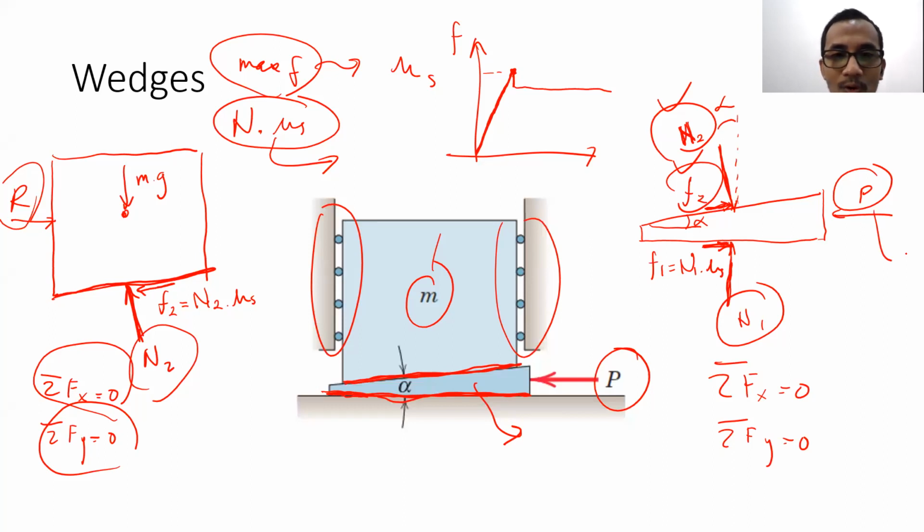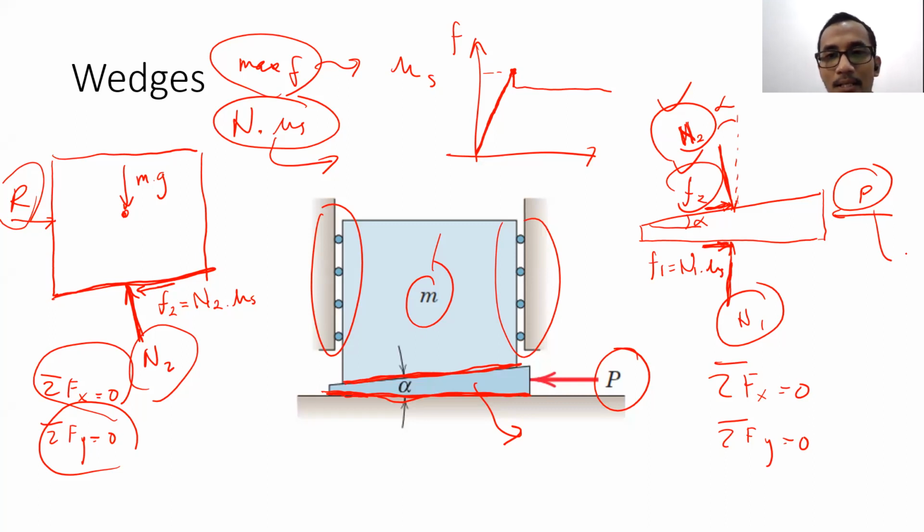So basically, if we want to put the wedge in, we have to draw the free body diagram, which consists of the normal force and the friction force, and the friction force there is supposed to be the maximum friction force, which is the same as normal force multiplied by mu s.